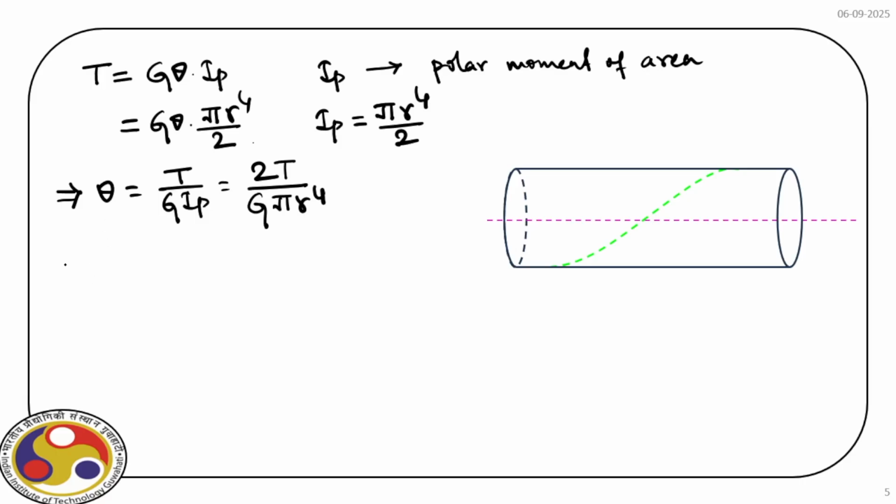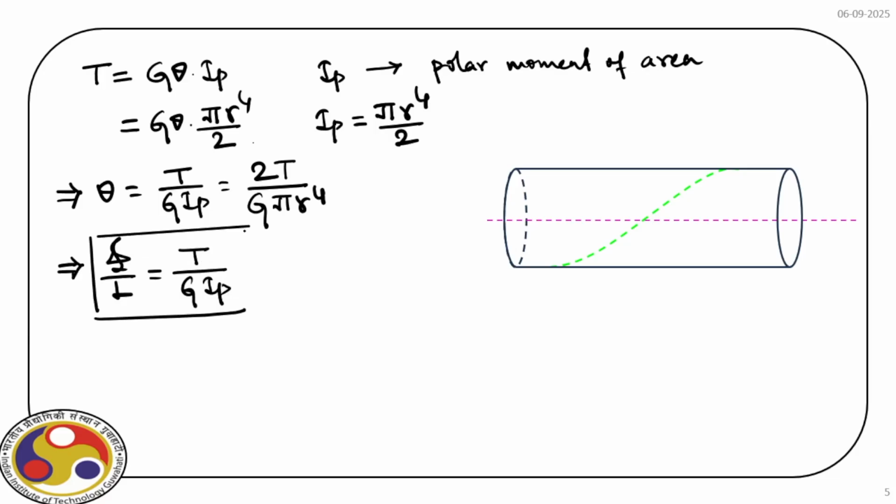Recall, theta is equal to phi by L, which is equal to T by G IP. So this is another expression which correlates the rotation of the shaft, that is phi, with the applied torque, right?